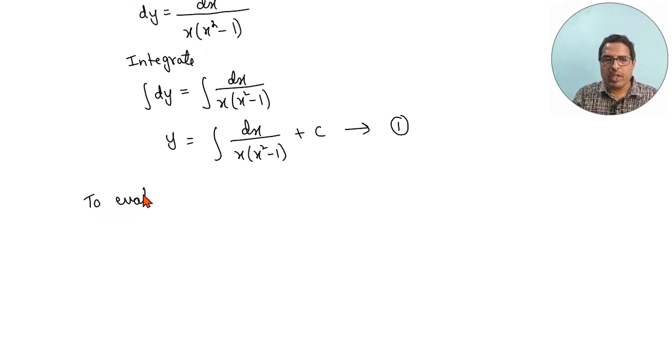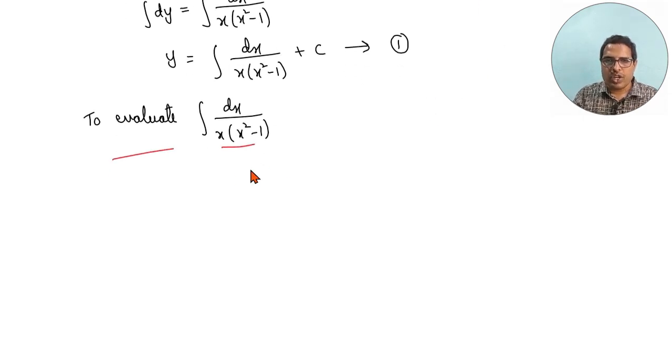To evaluate this integral dx by x into (x square minus 1), let us use the partial fraction method.